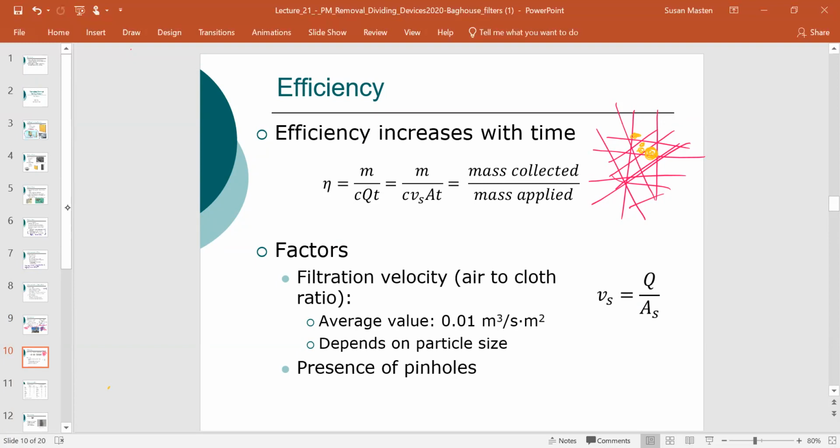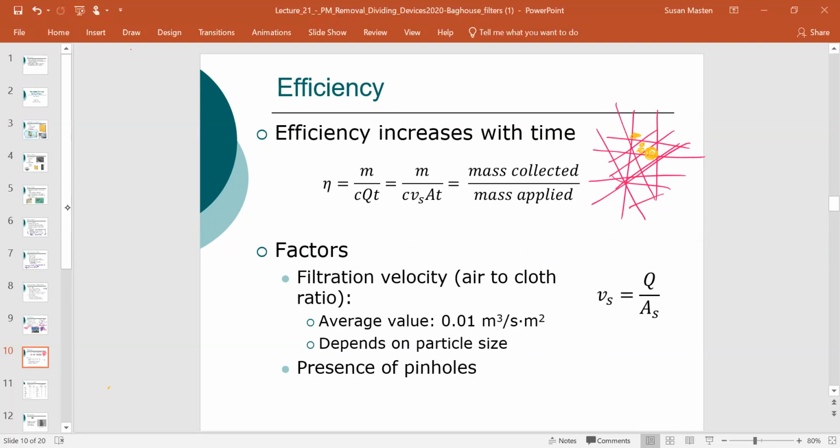So you get what we call a filter cake forming. Porosity decreases, pressure drop increases. And actually your efficiency increases with time, because as those pores decrease in size, it's harder for those particles to get through that filter.